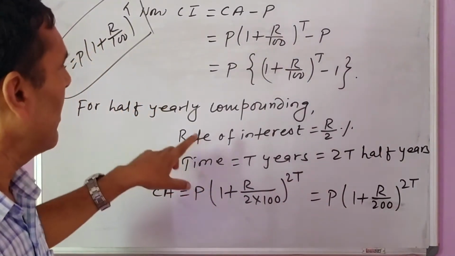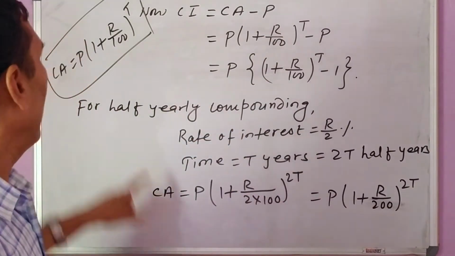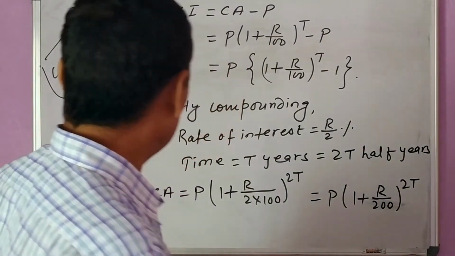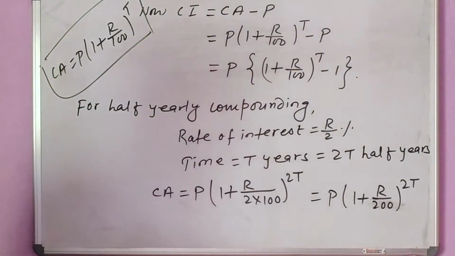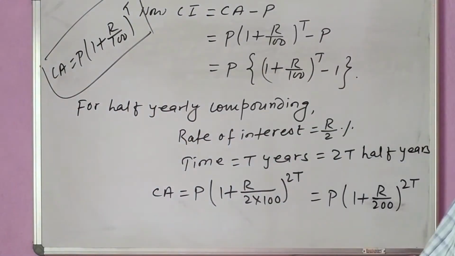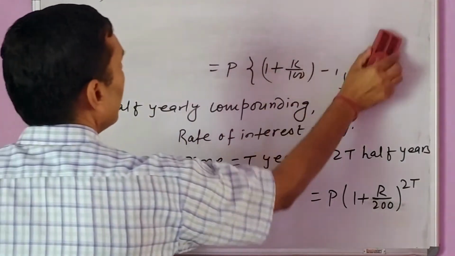So just replacing R by R/2 and T by 2T, we will get the formula to calculate the compound amount for half yearly compounding. After having compound amount for half yearly compounding, we can have the compound interest also very easily.